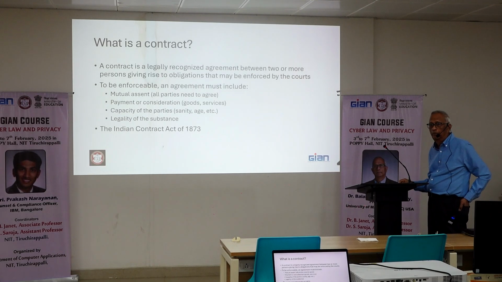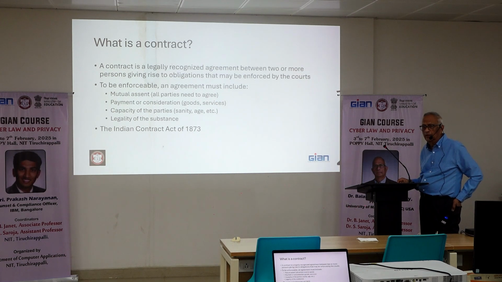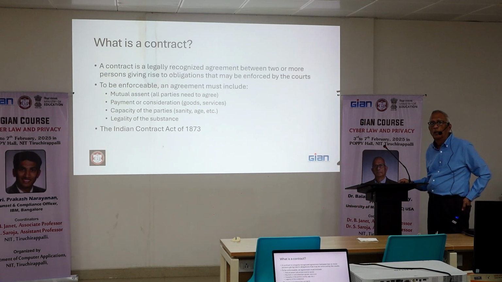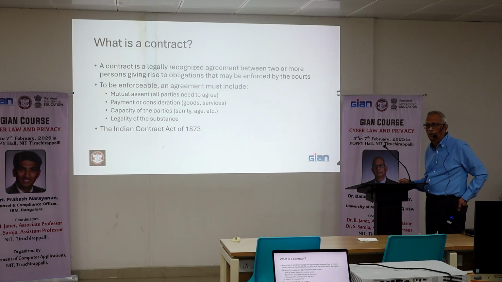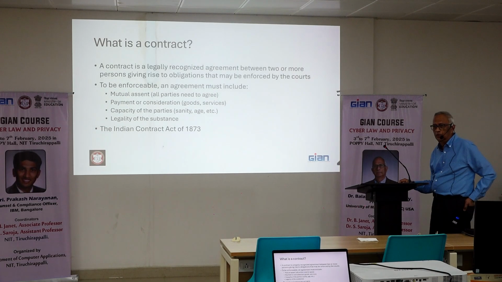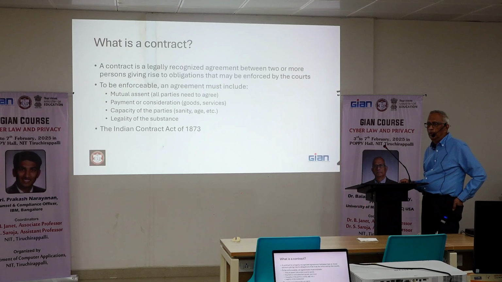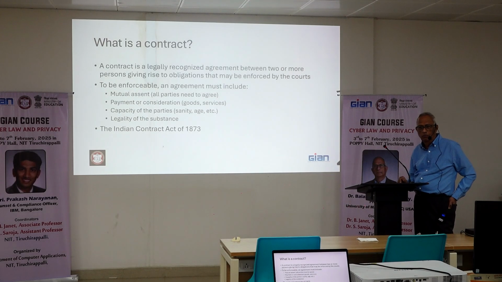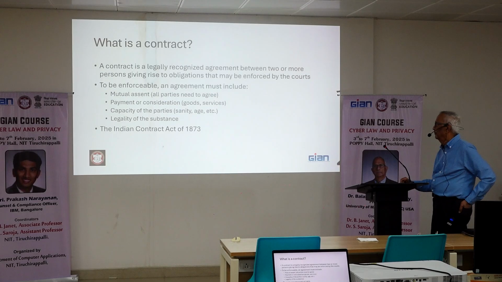And the age. I think in India it is either 18 or 21, I'm not sure, but 18, okay. So you have to be that age. If you buy software, click to agree, and you are not 18, is it enforceable? Most likely not, okay.